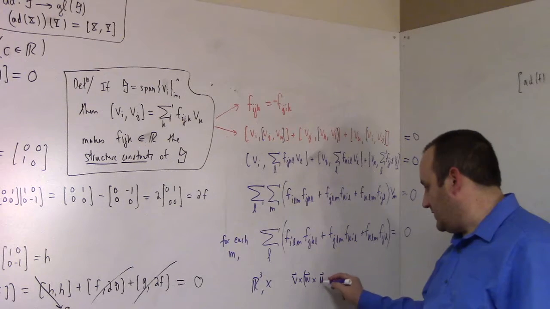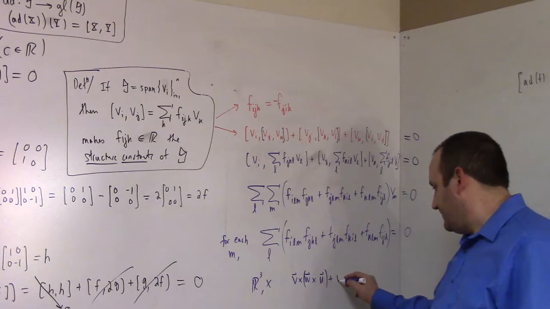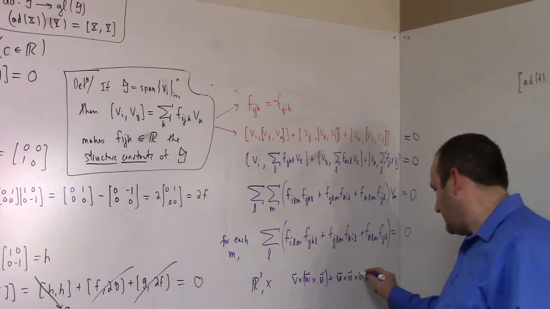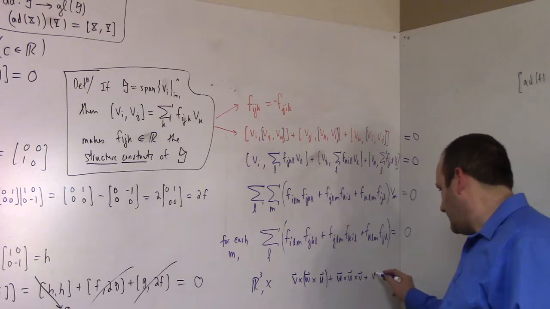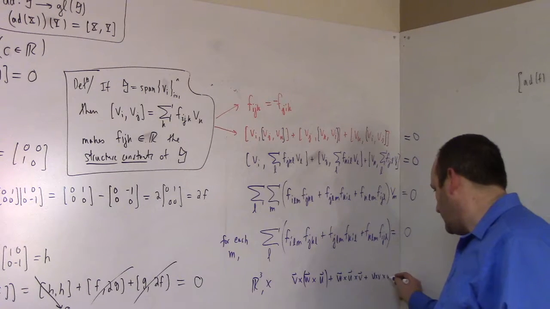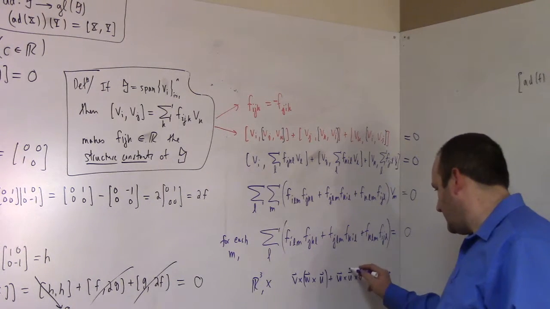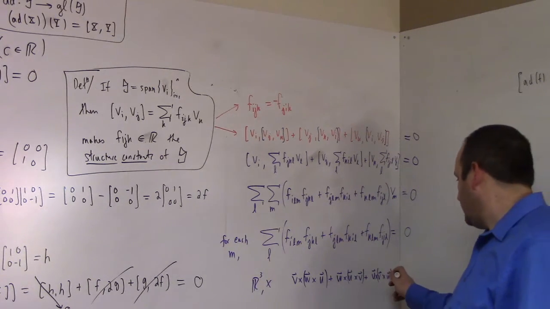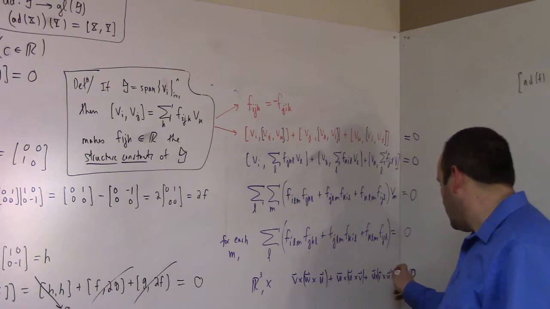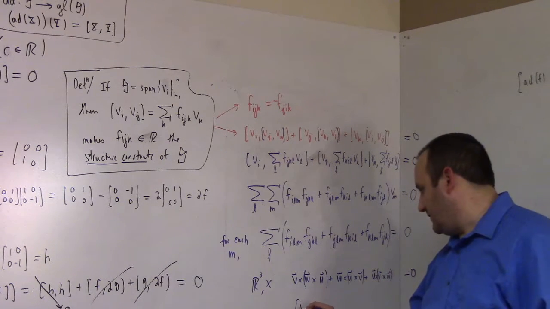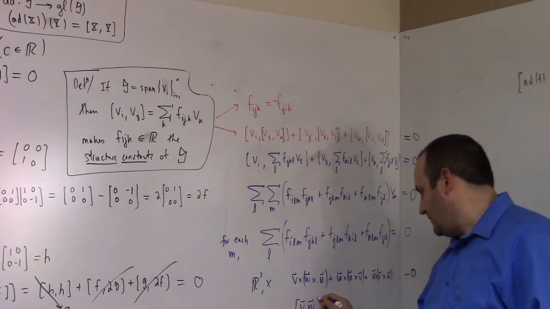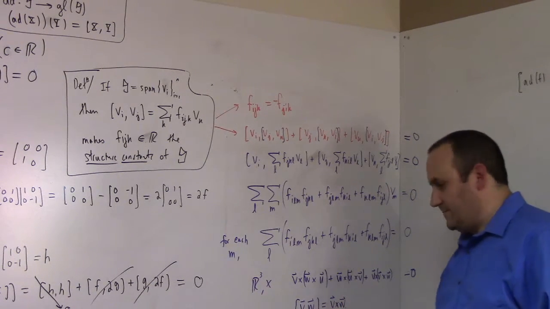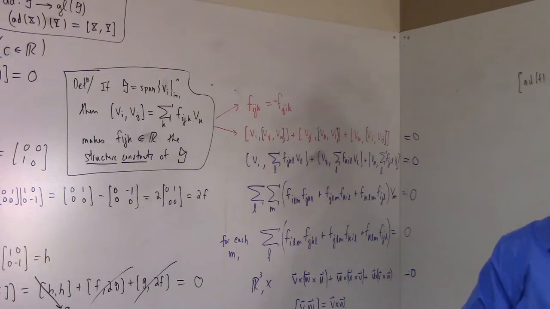However, if you do this and then you add the other cyclic terms, that actually does equal 0. So in other words, the bracket of V and W equal to the cross product of V and W defines an algebra that in fact does satisfy the Jacobi identity.